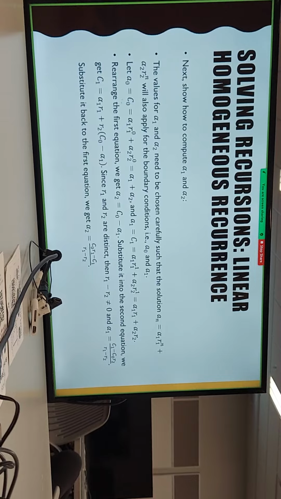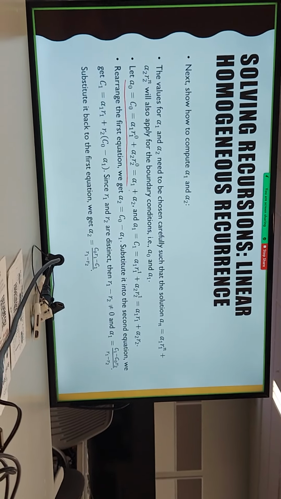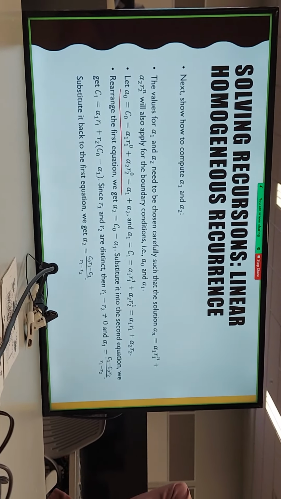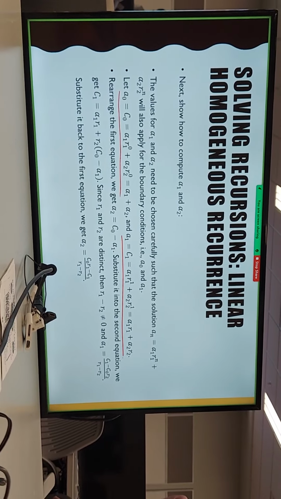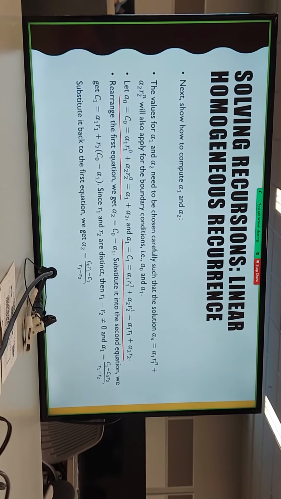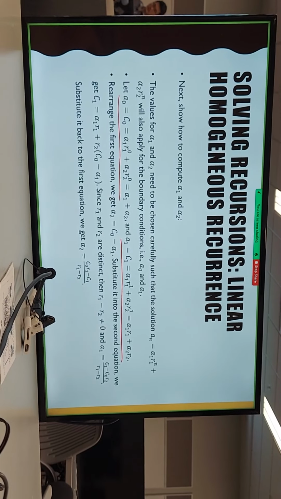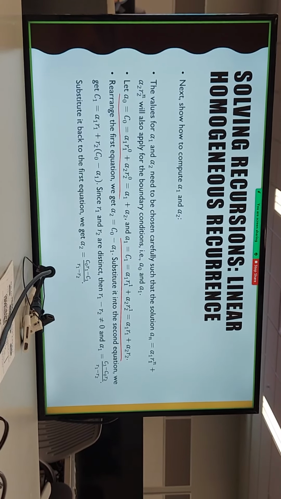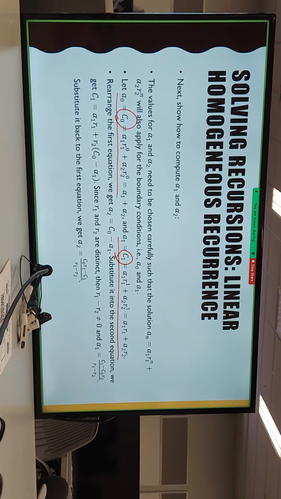In this case, we know the values of R1 and R2, and we know the values of C0 and C1.